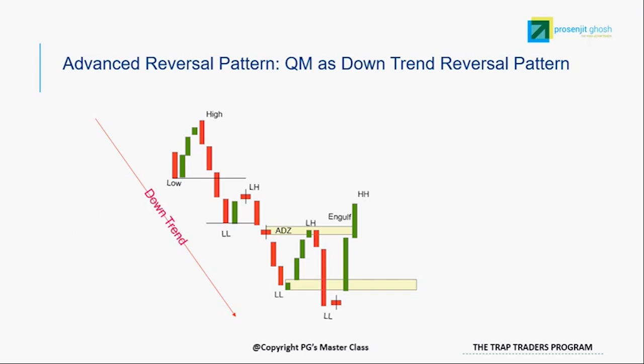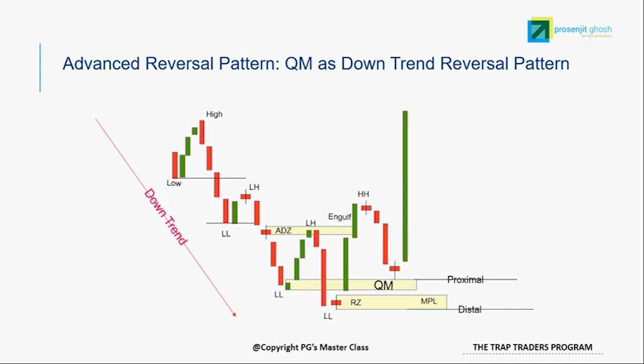And when price comes down, we are allowed to take a trade. Where we will take the trade, we will keep our proximal line at the QM, we will keep our distal line below the MPL. MPL means maximum pain level, which is our reverse zone in a QM. So the price will come down, hit the QM, and then it will move up.